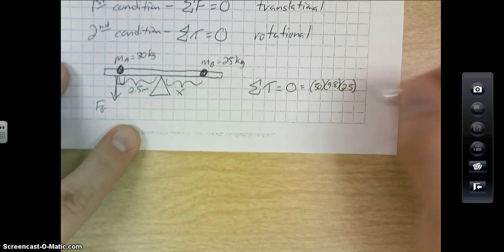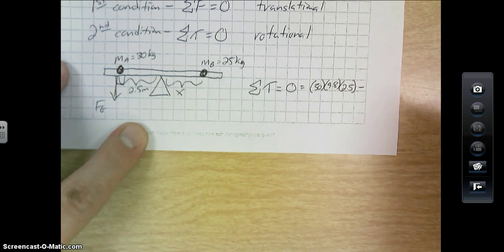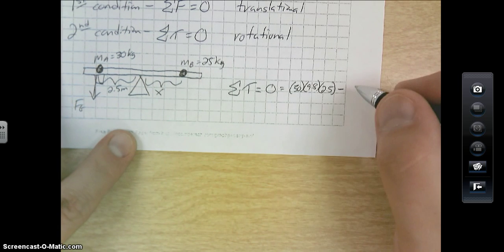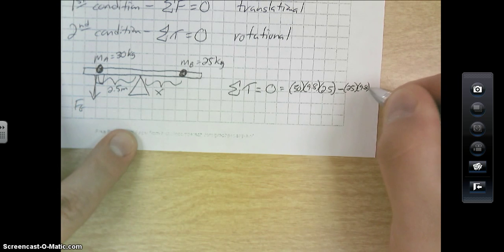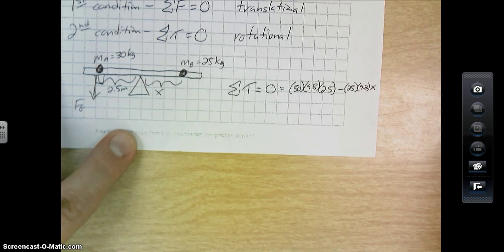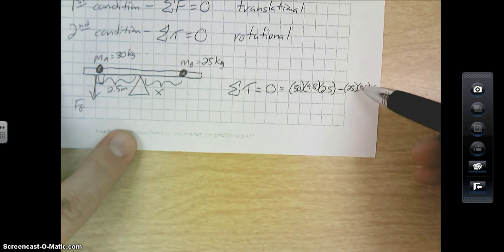Now, if they're going to cancel, then the other one has to be at a certain distance, but it's still its mass, times 9.8, times whatever distance they're at. Because if it's going to be at equilibrium, this has to cancel this. This is a positive rotation, this is a negative rotation.